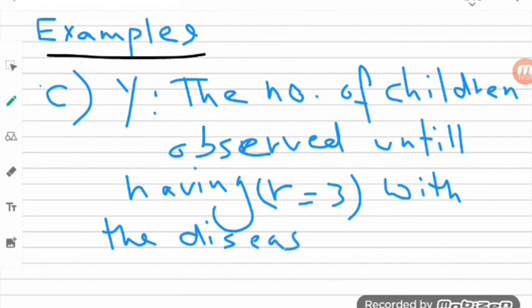Again, with the disease is the success for me. So we need to have 3 successes.